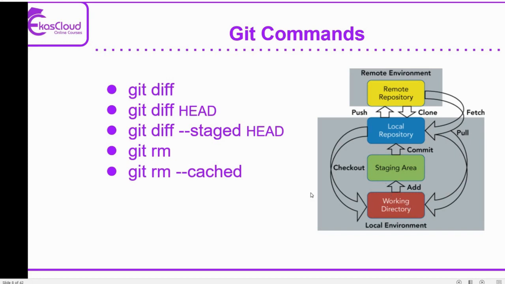If you want to remove the file only from the working directory, you use the regular Linux command rm, then enter the file name, and it removes the file from the working directory. And we can see the final command, git rm --cached. This command helps to remove the file only from the staging area. We can use this command to remove the file from the staging area.